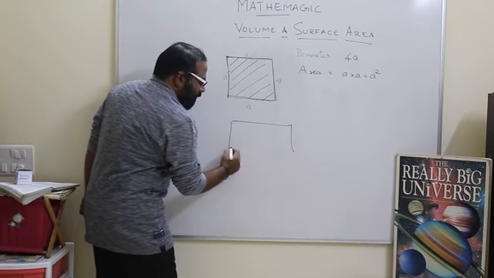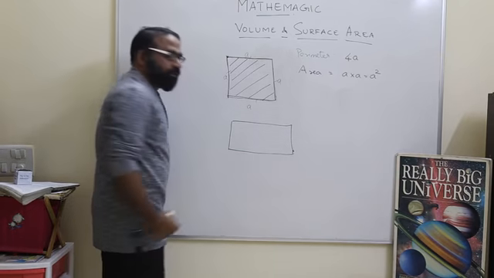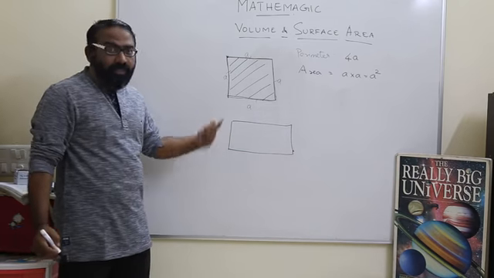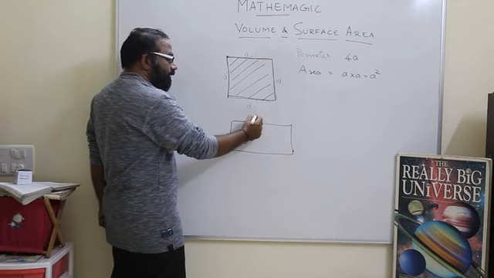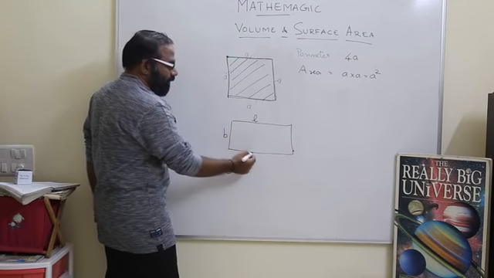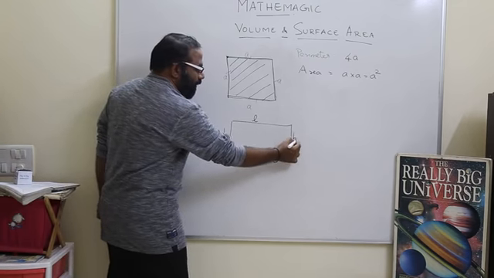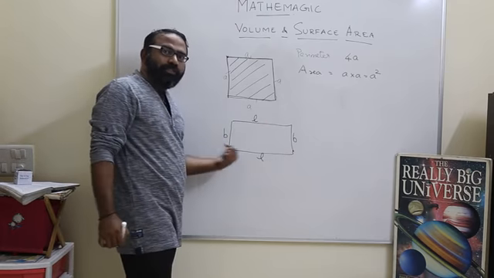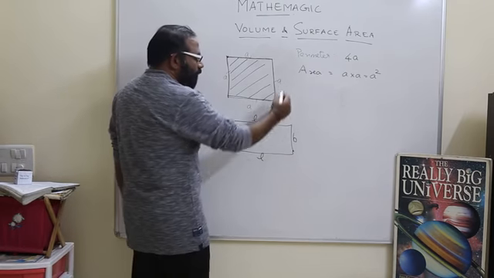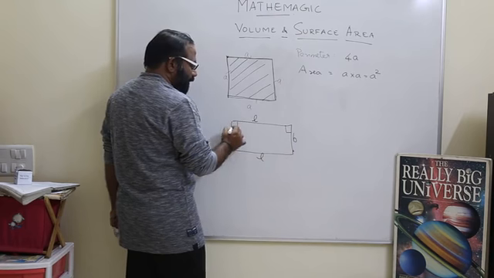Now, let's look at the other one that we know. It's a rectangle. So a rectangle has a length and it has a breadth. The opposite sides are equal, and it's 90 degrees over here.